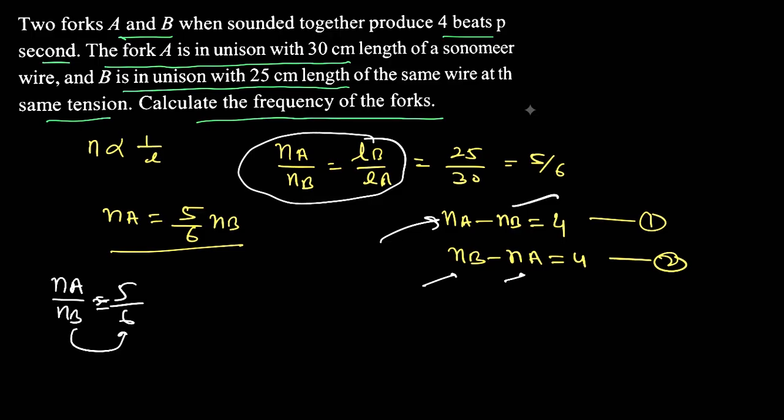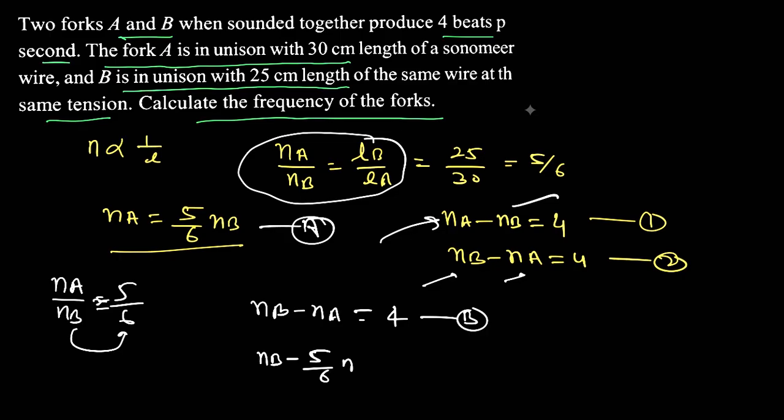So which formula should I use? NB minus NA should be equal to 4. Now using equation A and equation B, if I solve these two, in place of NA I can write 5 by 6 NB. So NB minus 5 by 6 NB should be equal to 4.